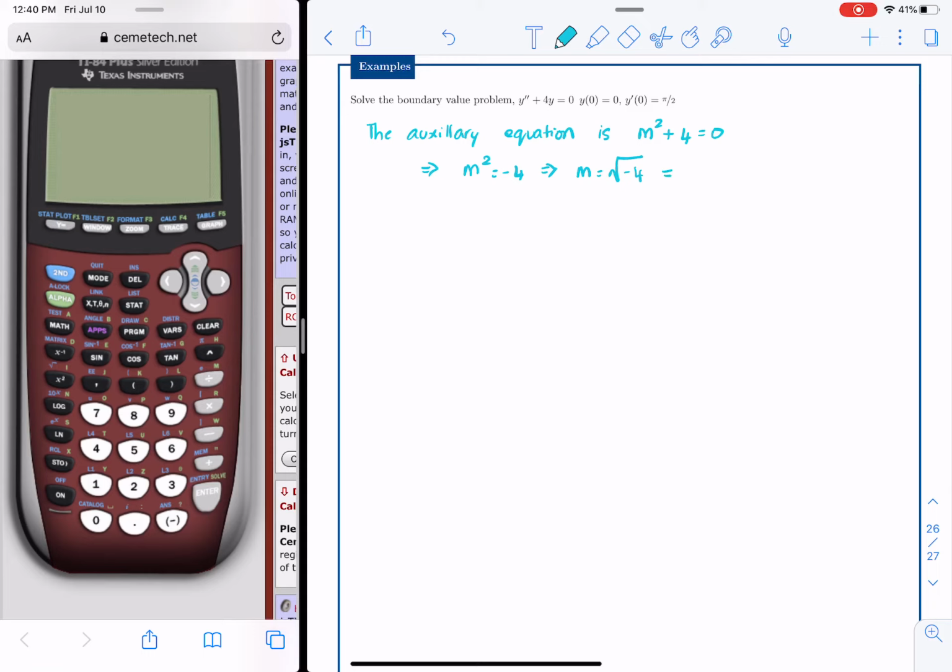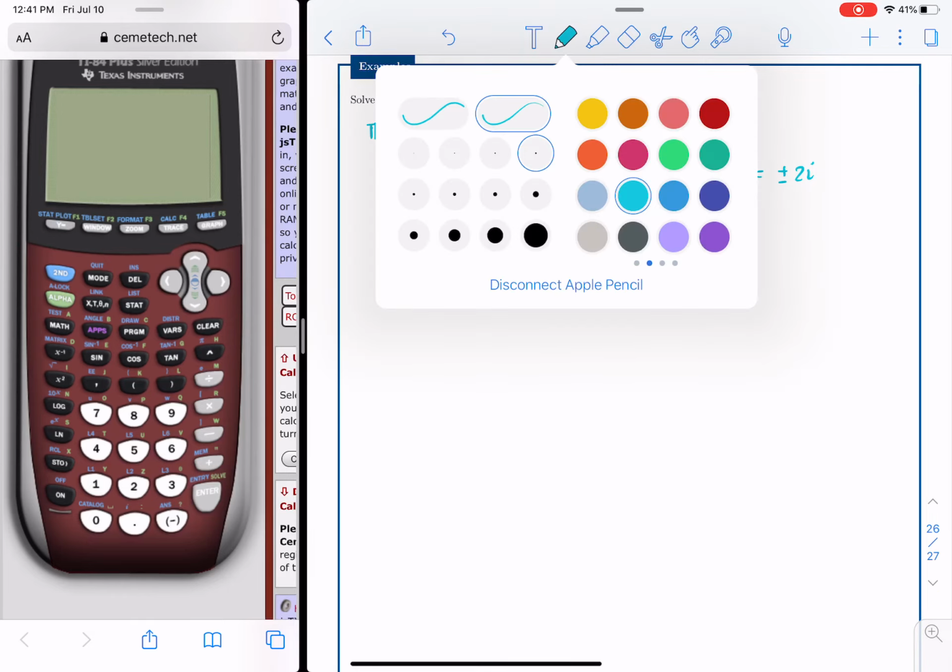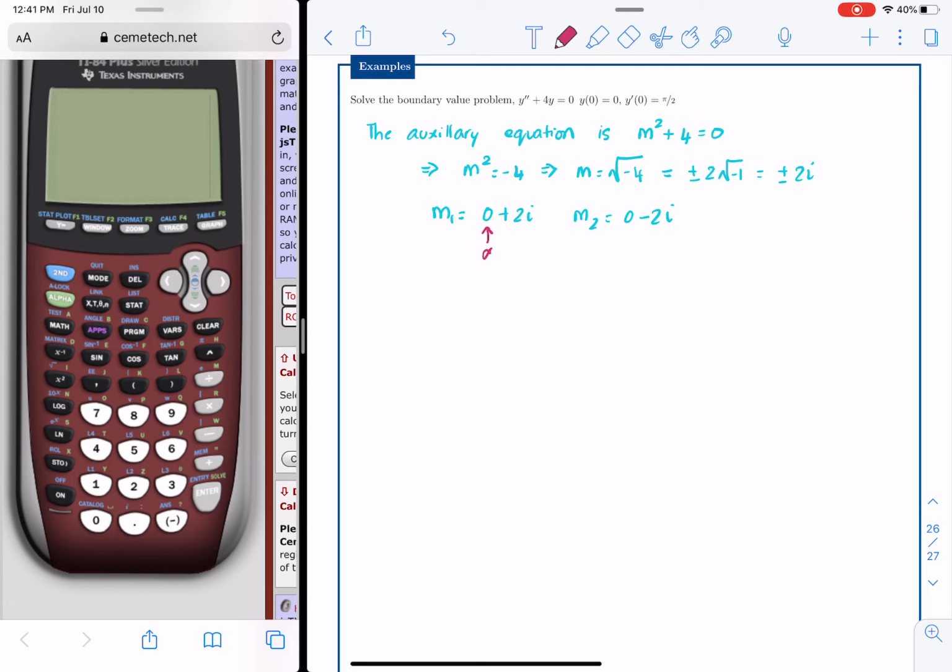If I pull the 4 out, I would get plus or minus 2, square root of negative 1, so plus or minus 2i. So m1 equals 0 plus 2i, m2 is 0 minus 2i, and the roots are complex. They're conjugates of each other, so we must have sines and cosines in our solution. And alpha is 0, beta is 2.